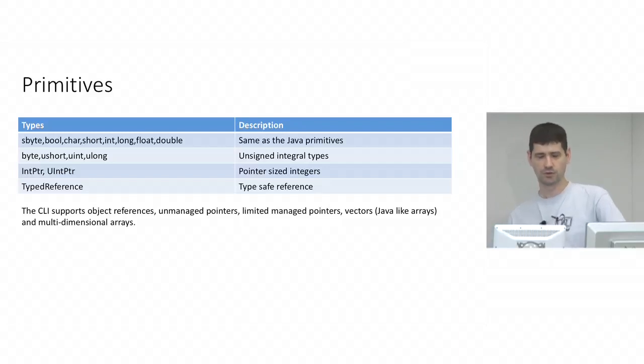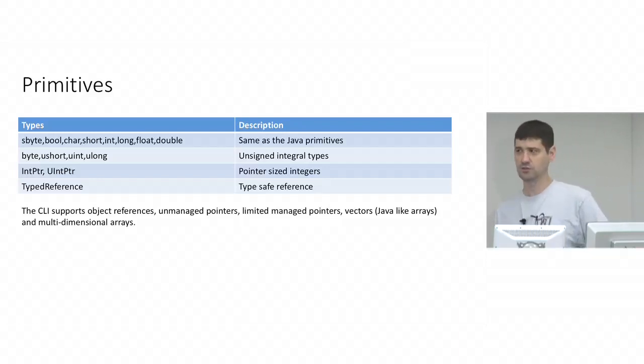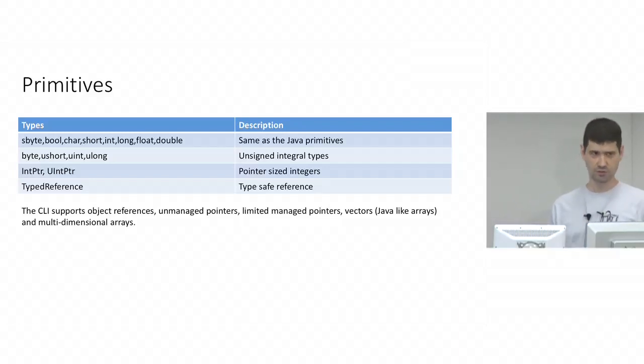It's a bit like what you can do with unsafe in Java, except that it's part of the standard platform. You do need, of course, to be fully trusted to be able to do that, because otherwise you would have a security problem. And then there's arrays, which they call vectors, and they have multi-dimensional arrays as well. So not the jagged arrays that Java has, which they also have, of course, but real multi-dimensional arrays.